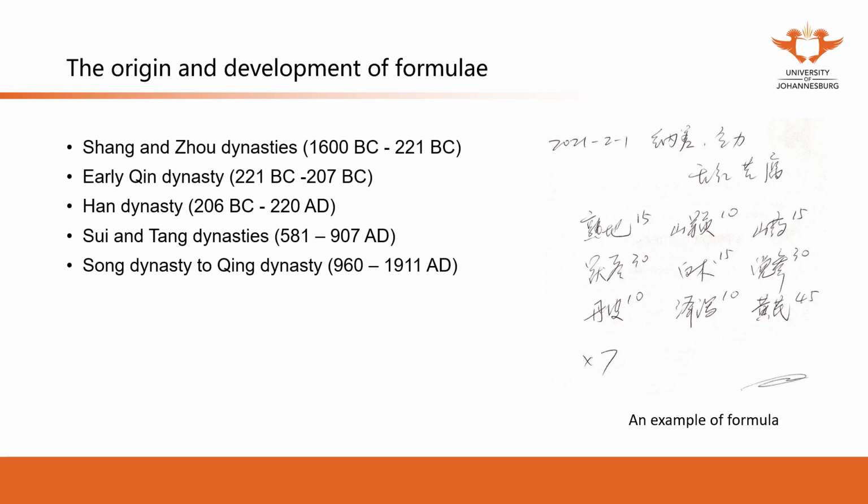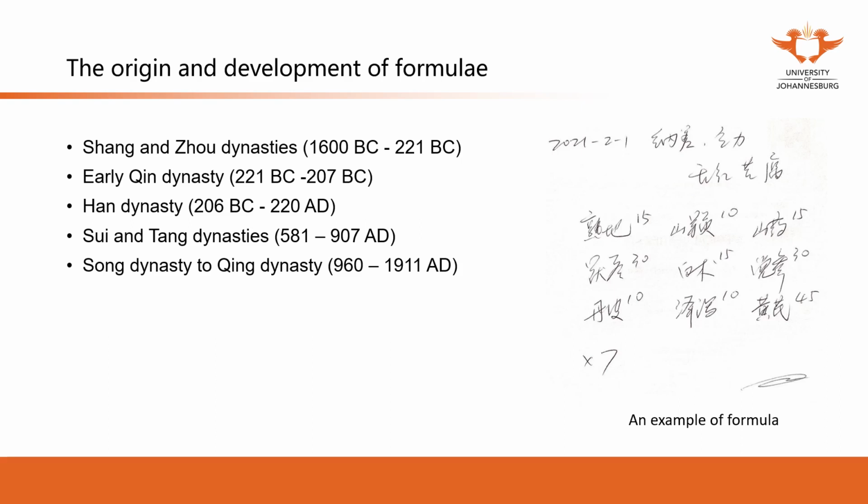In Shang and Zhou dynasties, which were about 3,000 years ago, when we study the history of Chinese medicine, we understand that we don't really have a lot of proof or evidence in medicine, especially a lot of monographs on medicine, especially in the Shang dynasty.